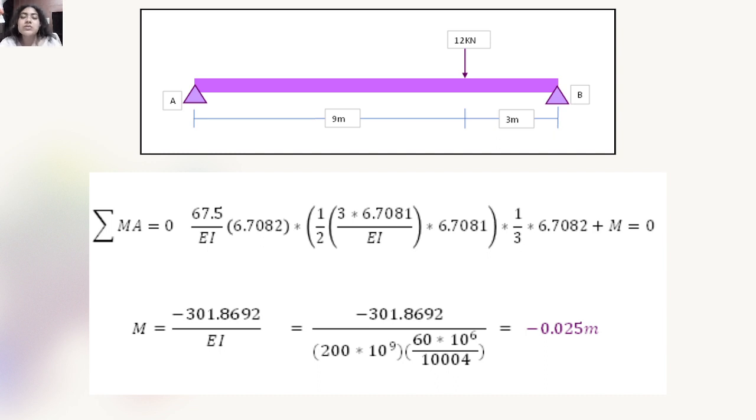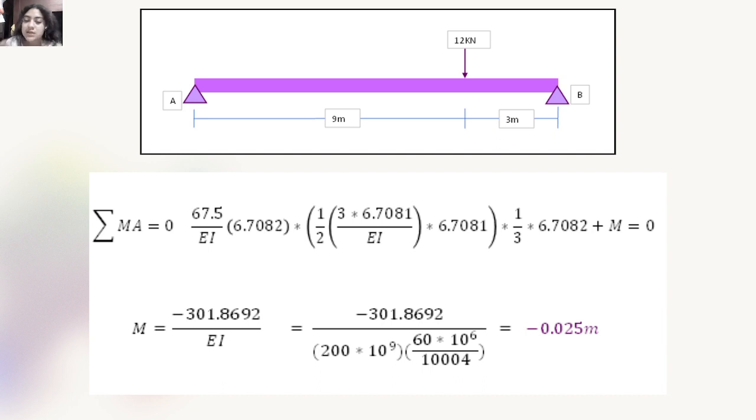that's 200 multiplied by 10 to the 9 multiplied by 60 multiplied by 10 to the 6, and then divided by 1000 to the fourth, because it's a change of units and that has to be in meters, and now it's a correct use of values, for example, PSI, feet, or for example inches, or for example pulgadas.